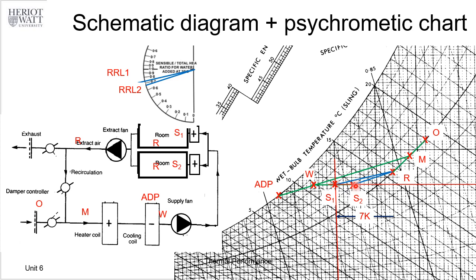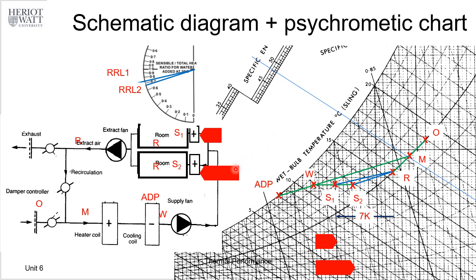So this will be the supply air condition for zone 2. And then from this to this W, we are tracing back, and that will be the work done by reheater 2.